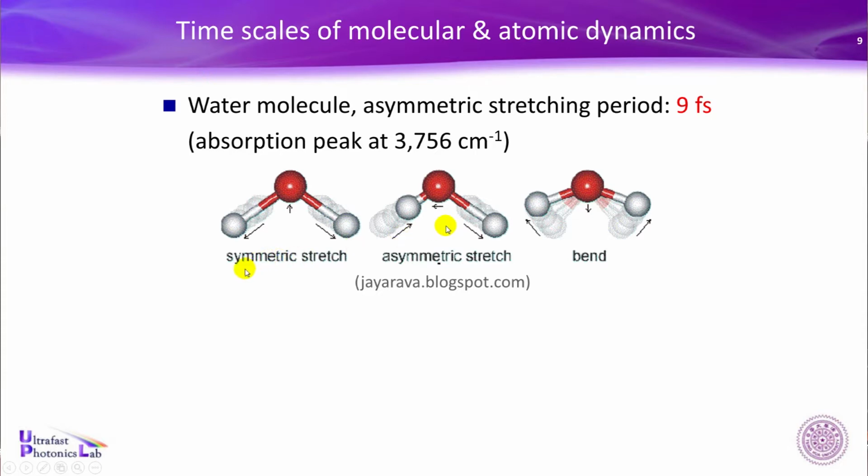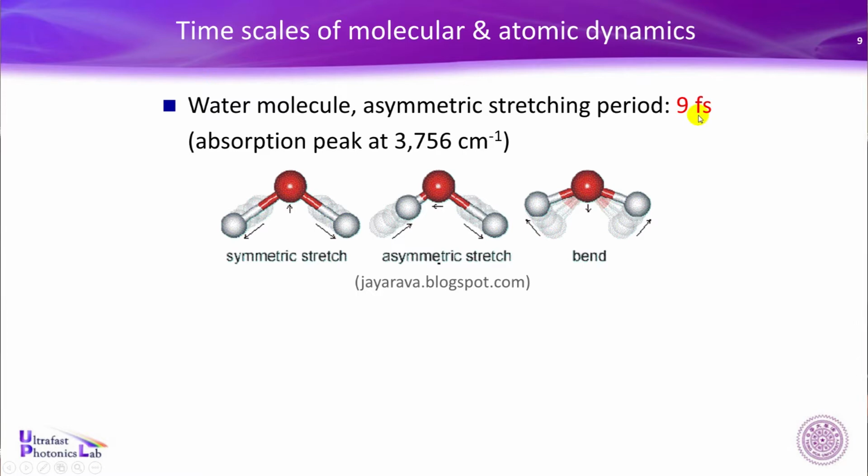There are many different vibrational states like symmetric stretch, asymmetric stretch, and bending. So the water molecule may have different vibrational states, and they have different periods. 就是说，它一个周期跟它一个周期都不一样。For example, for asymmetric stretching, the period is 9 femtoseconds.